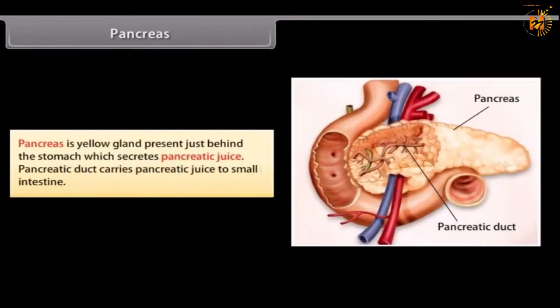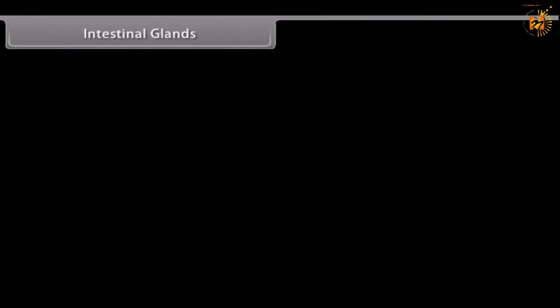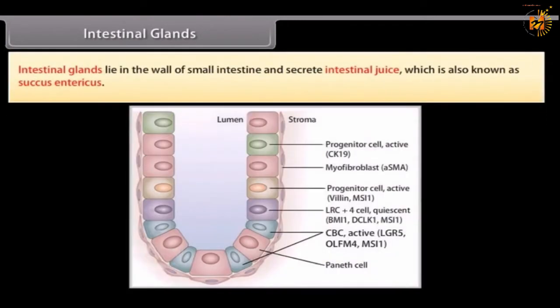Pancreas is yellow gland present just behind the stomach which secretes pancreatic juice. Pancreatic duct carries pancreatic juice to small intestine. Intestinal glands. Intestinal glands lie in the wall of small intestine and secrete intestinal juice, which is also known as succus entericus.